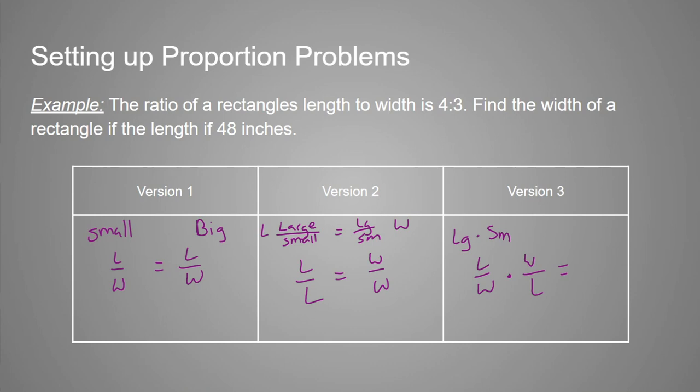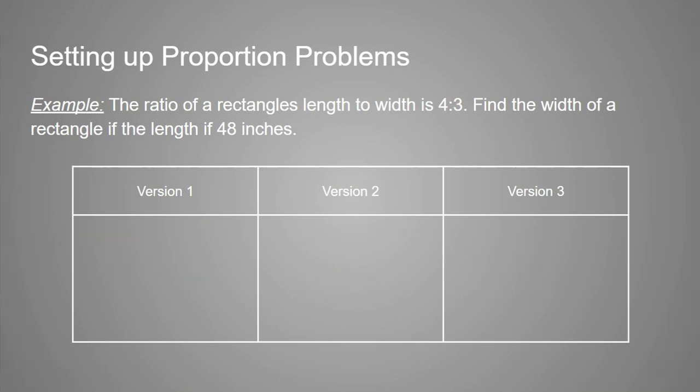There, that probably makes more sense now. Let's go ahead and see if each one of these versions gives us the same answer. Theoretically, it should, but sometimes what we think will work in our heads doesn't actually work when we put it down on paper.